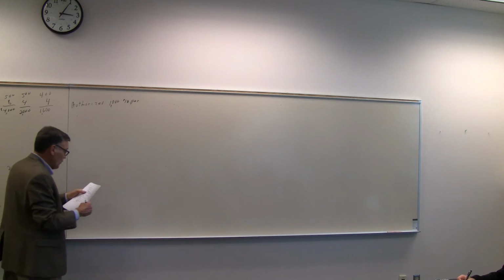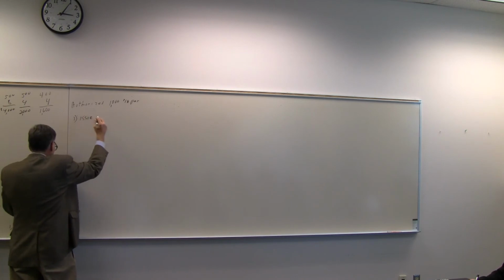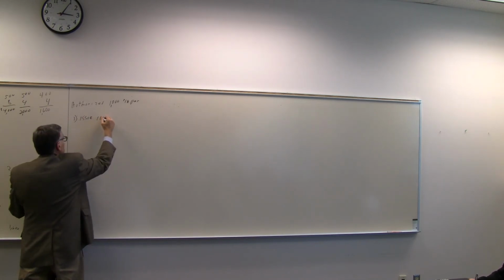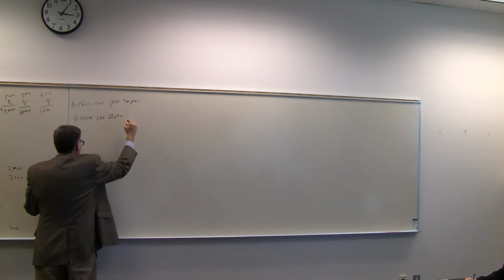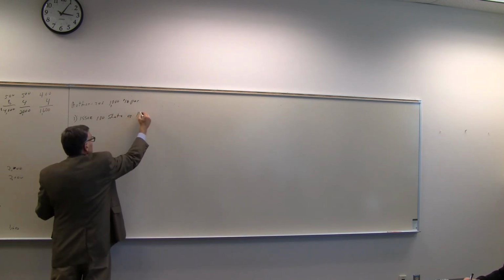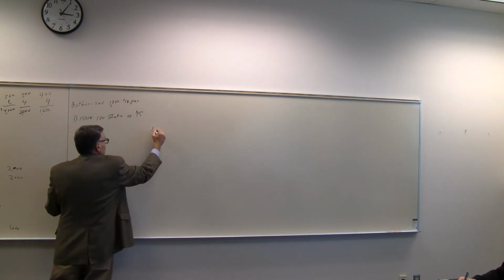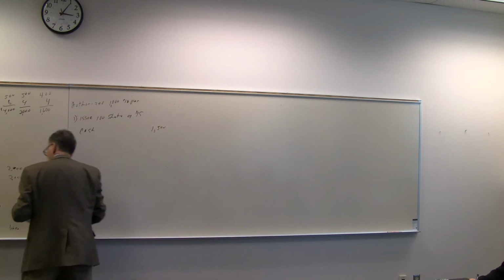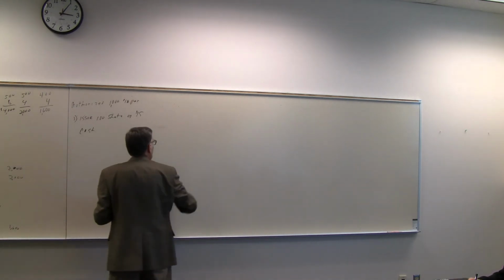And we'll just show you how everything fits together. Okay? So the first thing they do is they issue 100 shares at $15 each. So when that happens, cash will be debited for $1,500.